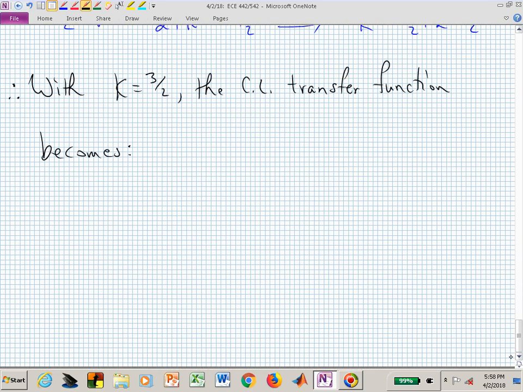Our closed loop transfer function now is T sub C of Z equaling K, which is 3/2 over Z minus 2 plus 3/2, or 3/2 over Z minus 1/2.